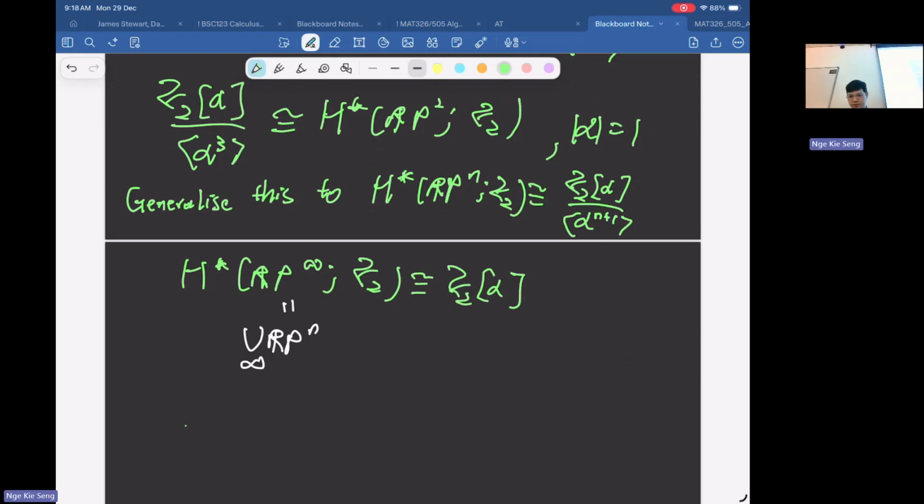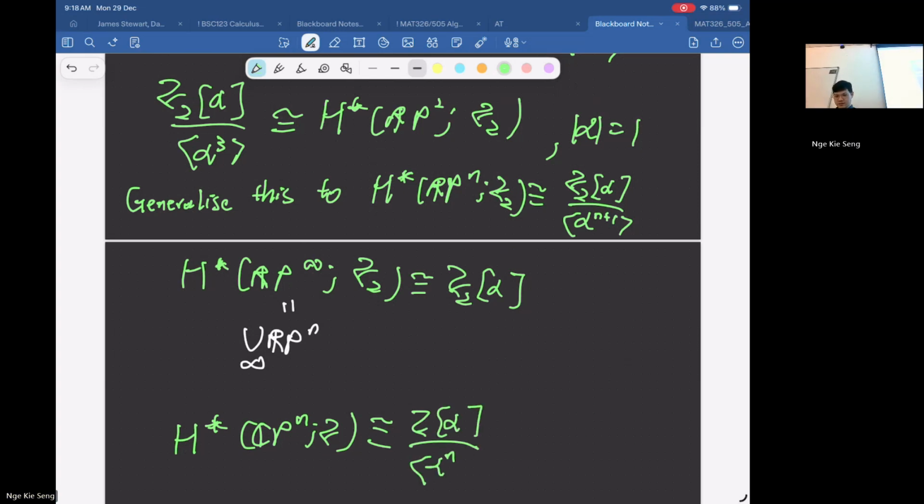Next, we could actually consider CPn. For CPn, we can consider Z already, because CPn by nature only has cells in even dimensions. So Z is enough to detect the non-trivial cohomology.